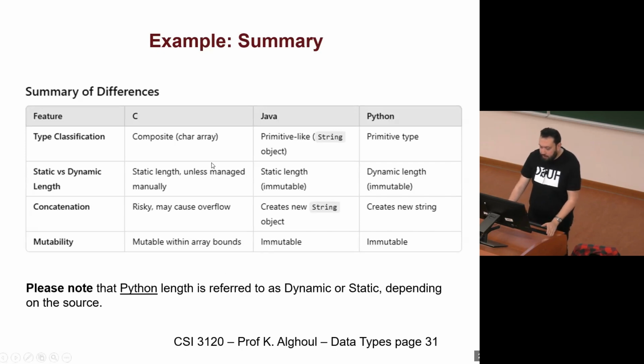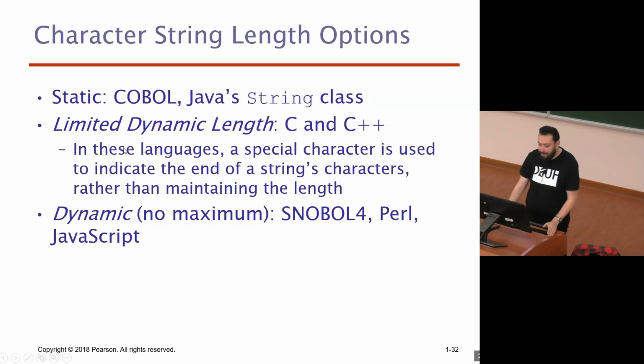So this is just a summary here. And now we want to talk about the implementation, or rather the storing in the memory. If I have a string that is static and another one that is dynamic, what's happening behind the scenes?